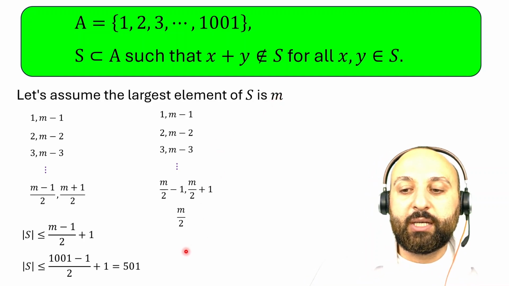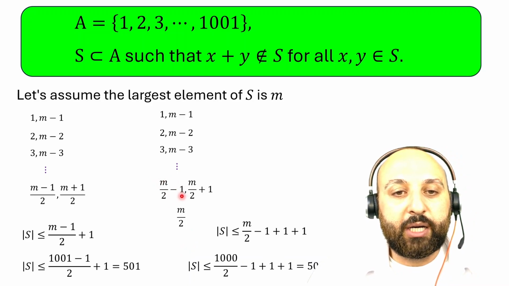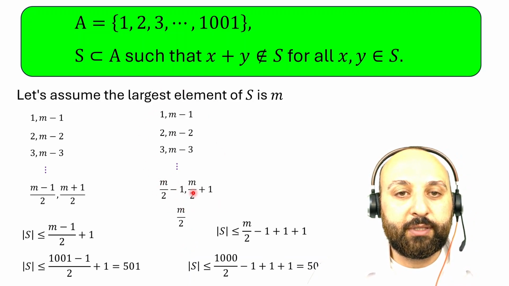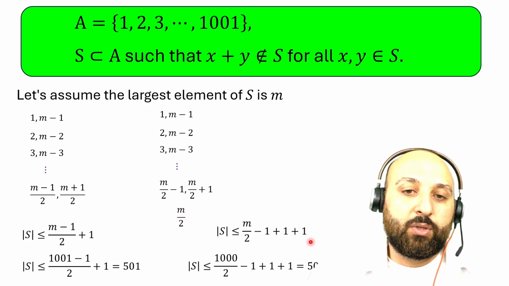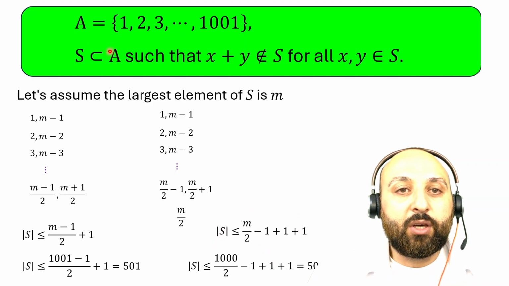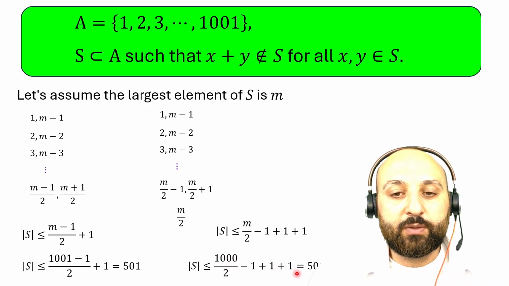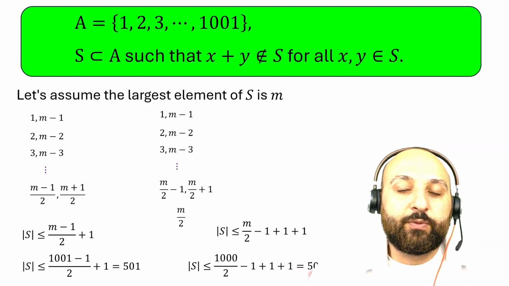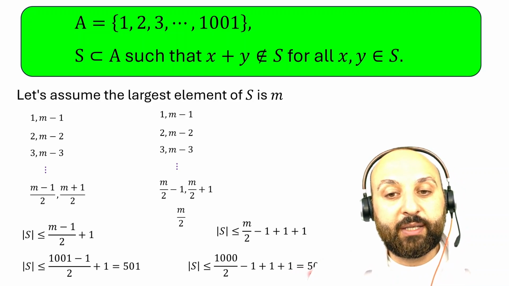So the maximum size of S is M divided by 2 minus 1, half of these, plus M divided by 2, plus M. The maximum even number in set A is 1000, so 1000 divided by 2 minus 1 plus 1 plus 1 becomes 501. So we have shown that the maximum size of S is 501.